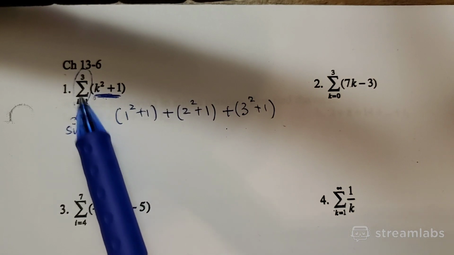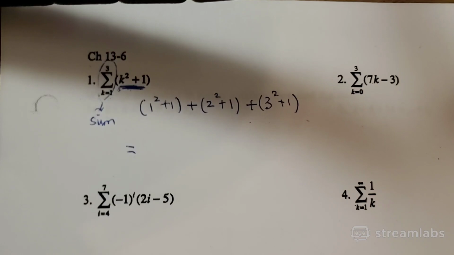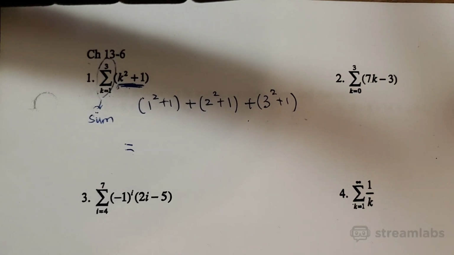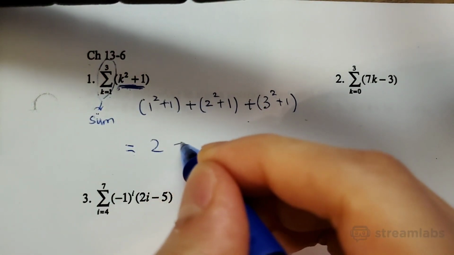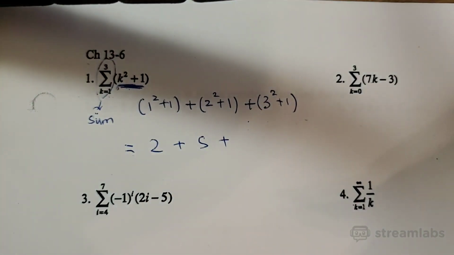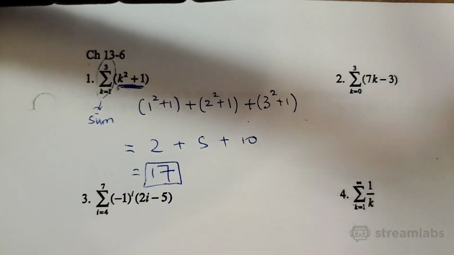K is from 1 to 3 in that order, okay? So that's what it means. So add them up. Do the math. This is 2 plus 5 plus 10. So 17. Does that make sense? Okay? All right.